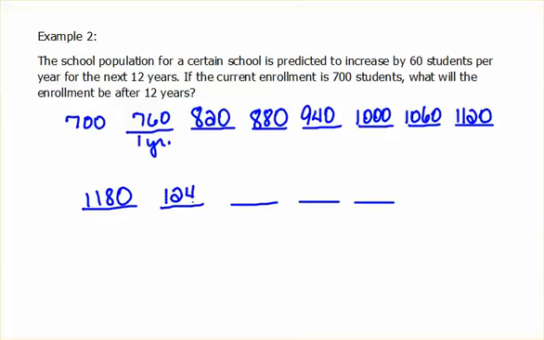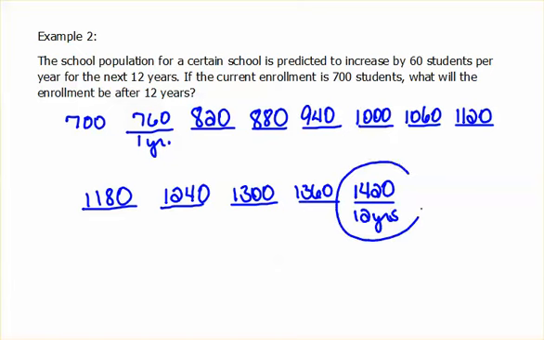Adding again, we get 1,240. And again, 1,300. And again, 1,360. And again, 1,420. So after 12 years, we would have 1,420 students.